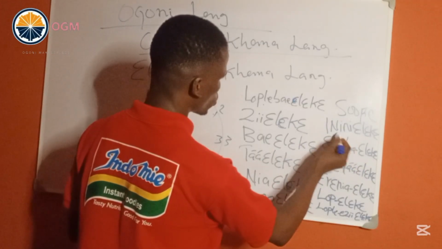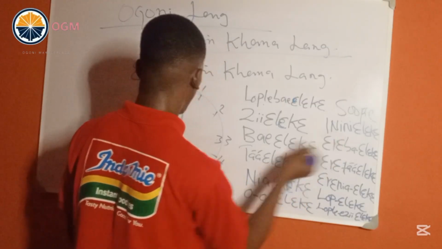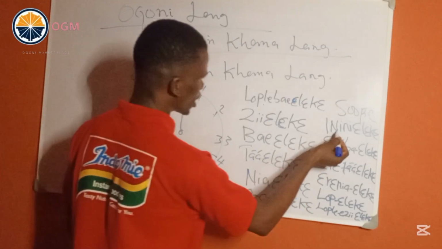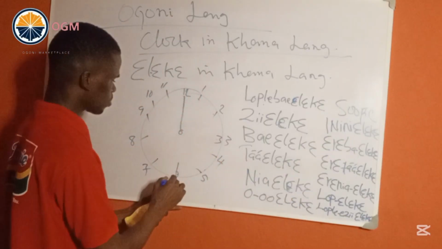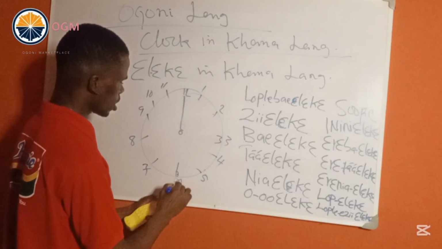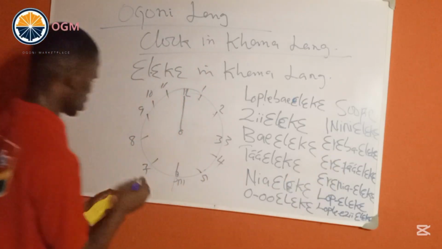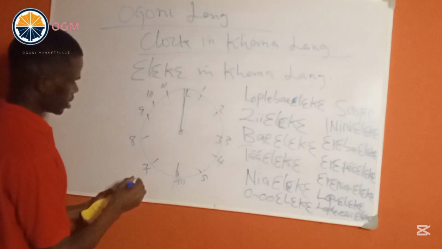Here is the translation to the Ogoni language, while this one is the English version. So this in eleke is the same thing as 6 p.m. Then we have here Erebaleke, which is 7 p.m. in the evening.